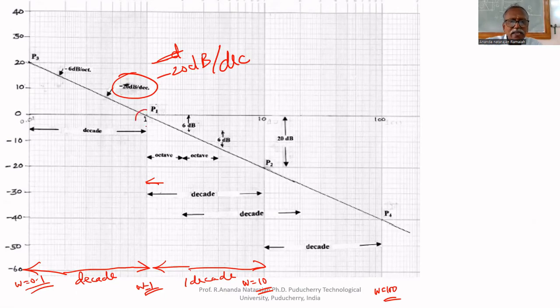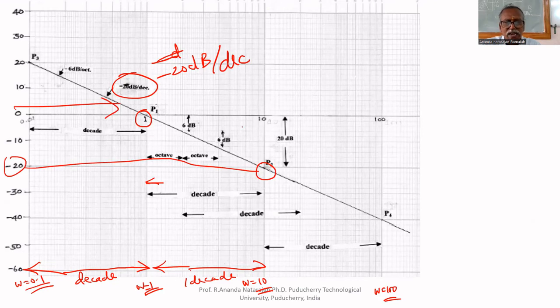Here the value is 0, here the value is minus 20, but the distance between these two points is 1 decade. Therefore, the slope is minus 20 dB per decade. Decade means a multiplication factor of 10. That's why it is called 1 decade.